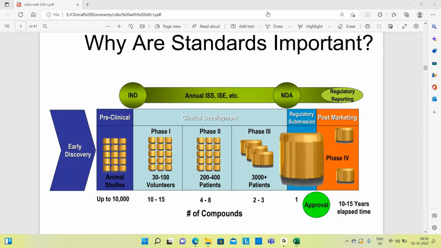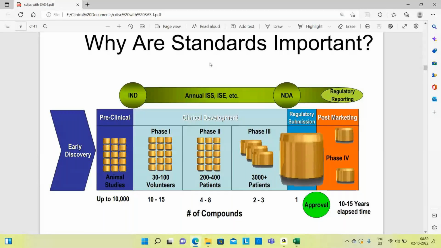Yes, sir. So where did it break here? What was the last point you were able to hear, from where it got stopped? Sir, with the full form of ISS and ISC.